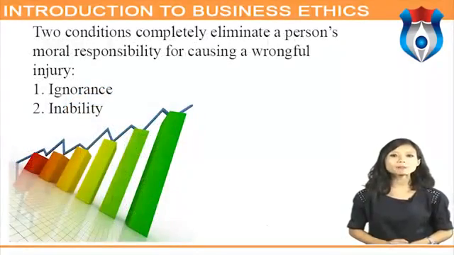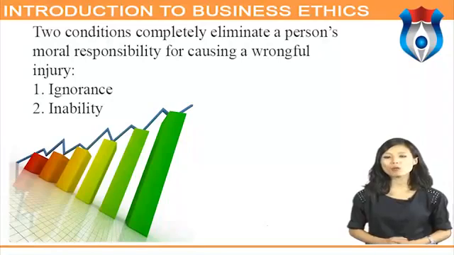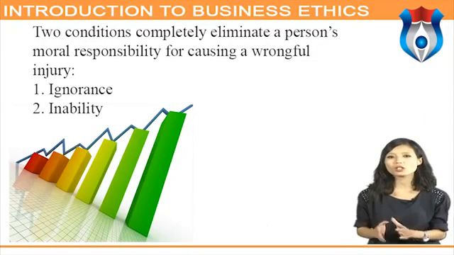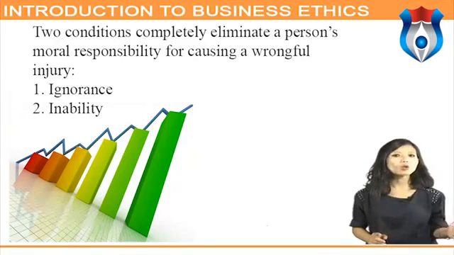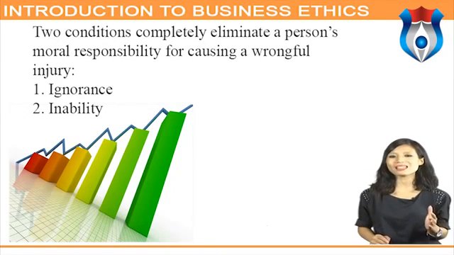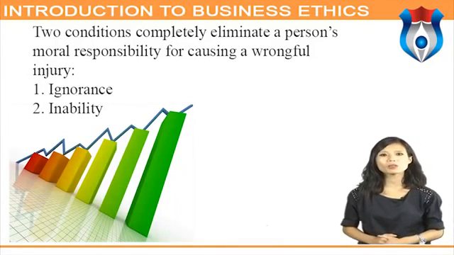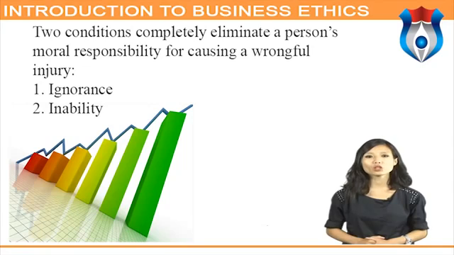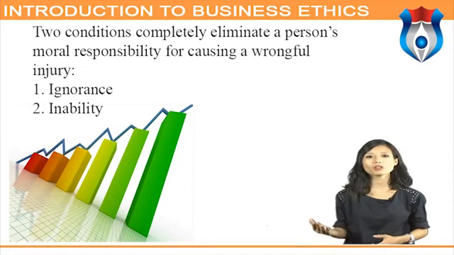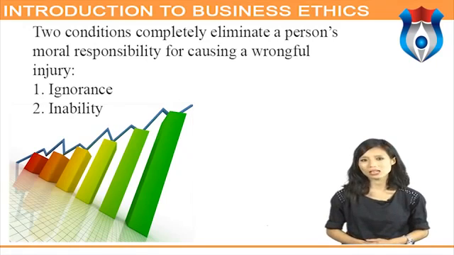Two conditions completely eliminate a person's moral responsibility for causing a wrongful injury: ignorance and inability. There are also several mitigating factors that can lessen a person's moral responsibility depending on the severity of the wrong. Mitigating factors include circumstances that leave a person uncertain but not altogether unsure about what he or she is doing.